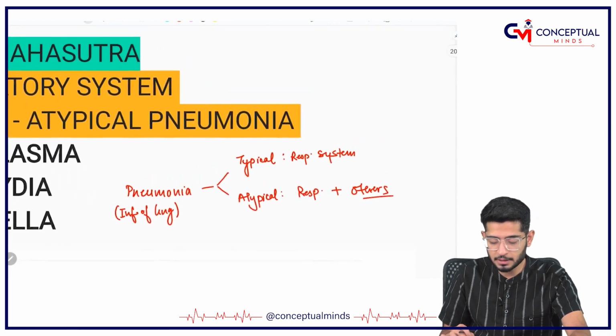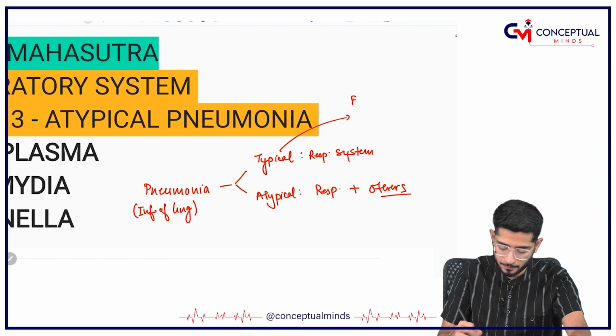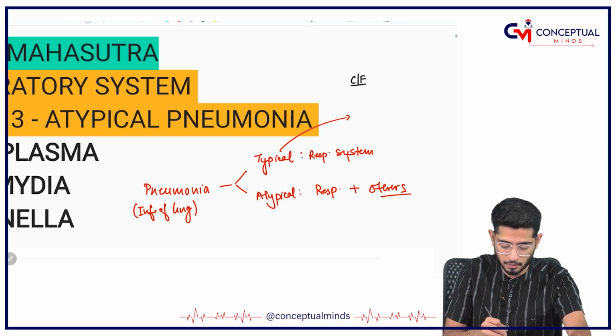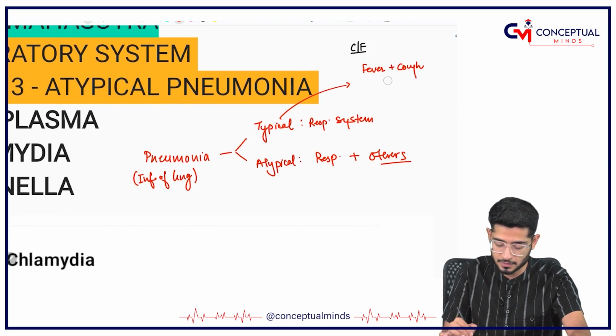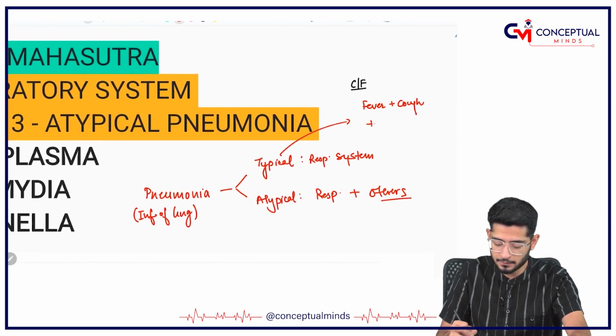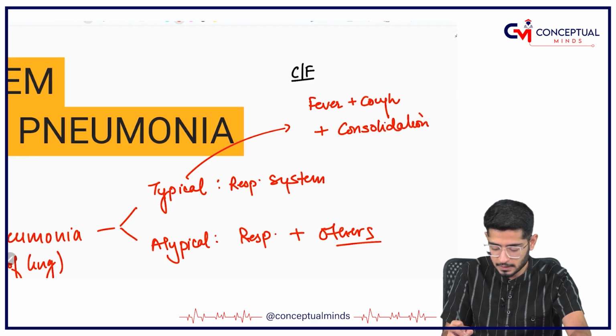Then typical pneumonia means the clinical presentation of pneumonia is typically fever and cough, and obviously there will be consolidation. I am writing, there is consolidation seen in the chest X-ray.